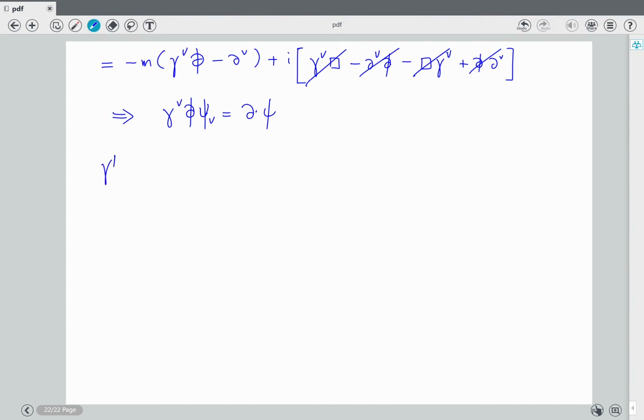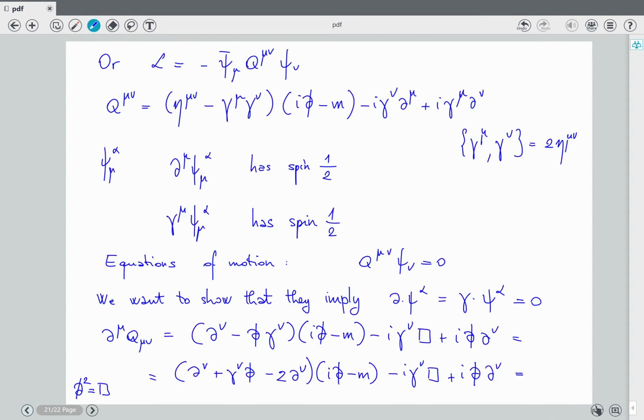Another condition can be found by means of this contraction. And what is it? So γ_μ Q^μν is the other contraction that we want to study to mimic those two objects.